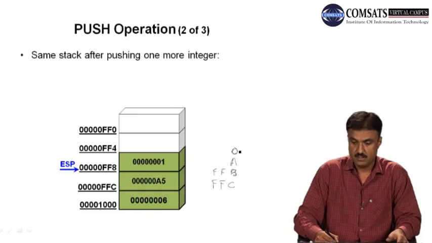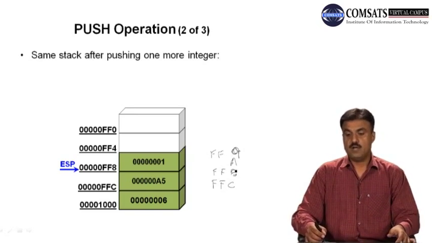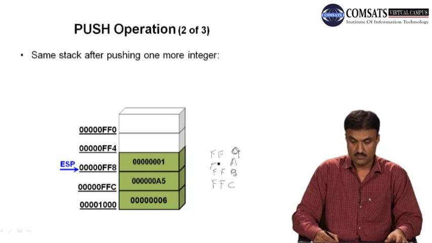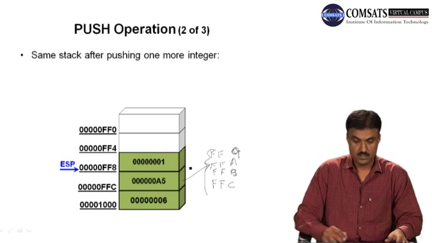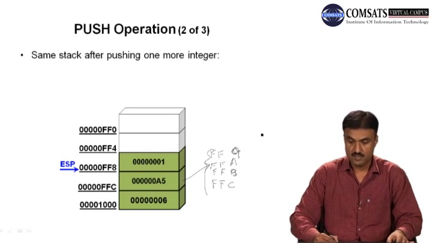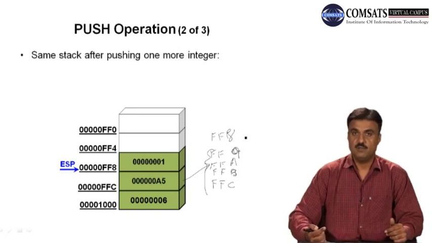Sorry, it should be 9 here, not 0. This value has already occupied these 4 memory locations. Now we decrement by 4, and the new location should be FF8. At this FF8, the new element will be stored.